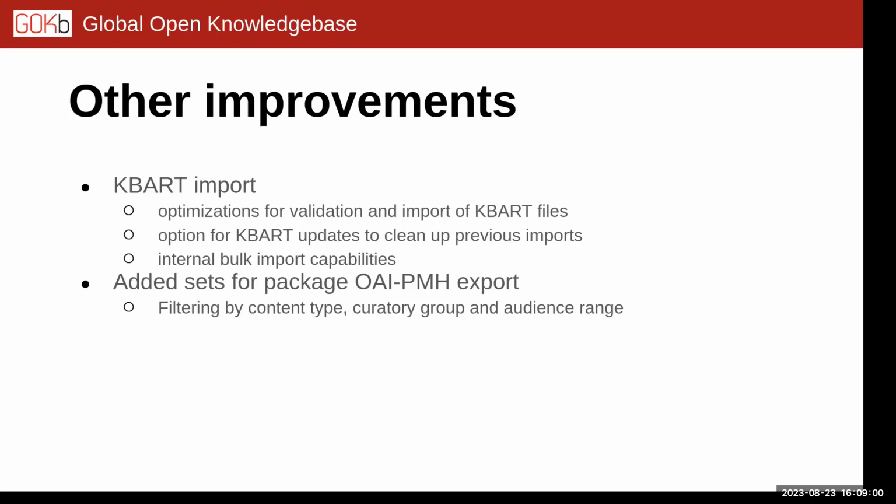So if you're interested specifically in journal packages, you can do this independently of the ebook synchronization, for example. You can also filter by the curator group. So if you're interested in your own packages that you are curating in GOKb, then you can filter by those.